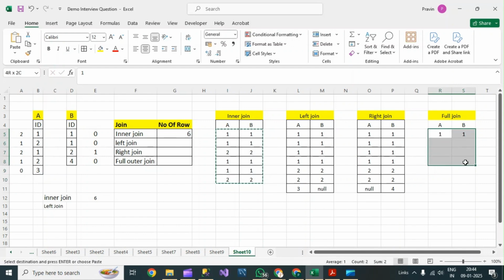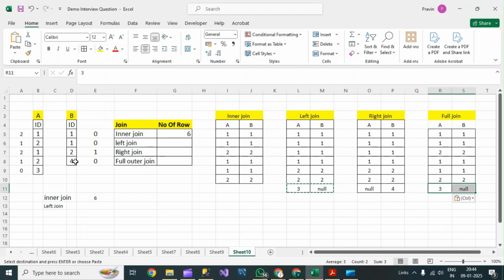Okay, so first, in the full join, all the output of the inner join will come. Then in a full join all the data is taken, so the 3 with null will also be selected.